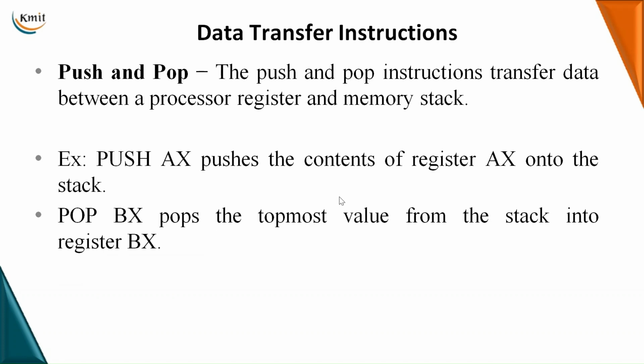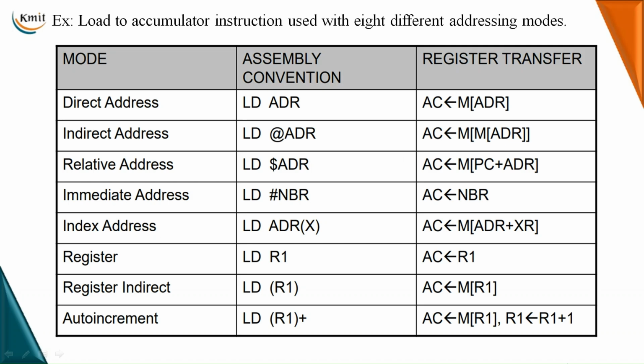So PUSH AX pushes the contents of register AX onto the top of the stack. If you consider POP BX, the topmost value from the stack will be placed into the register BX. That is called push and pop.